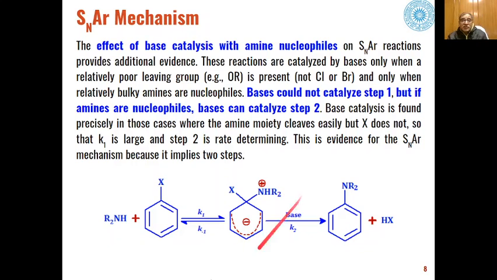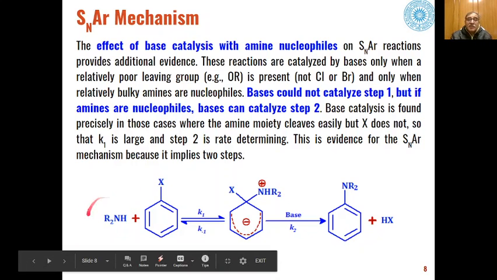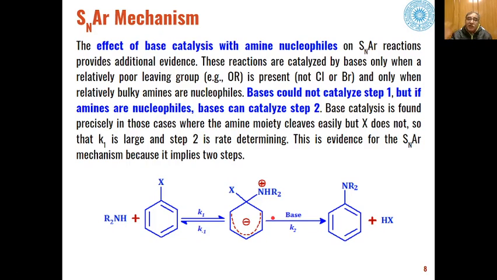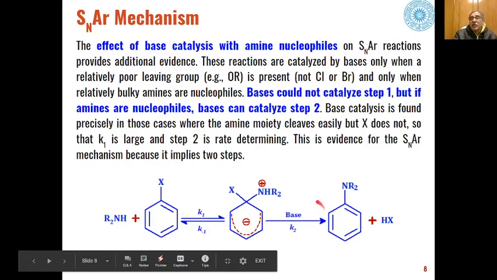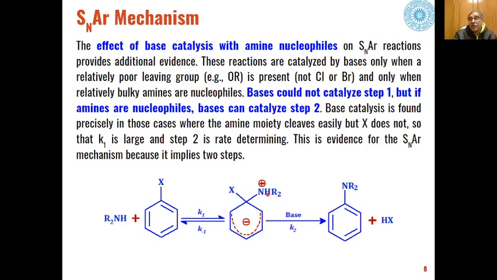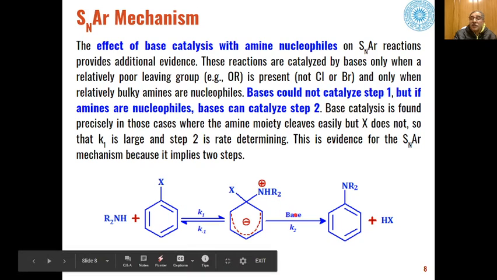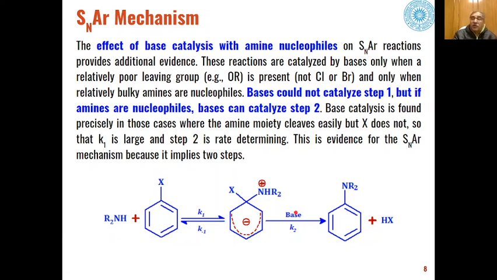In these reactions where the nucleophile is a secondary amine, the first step is that in the presence of the base, these types of ionic species are formed, and the elimination of the proton from the secondary amine is catalyzed by the addition of another base, which will enhance the rate of the reaction.